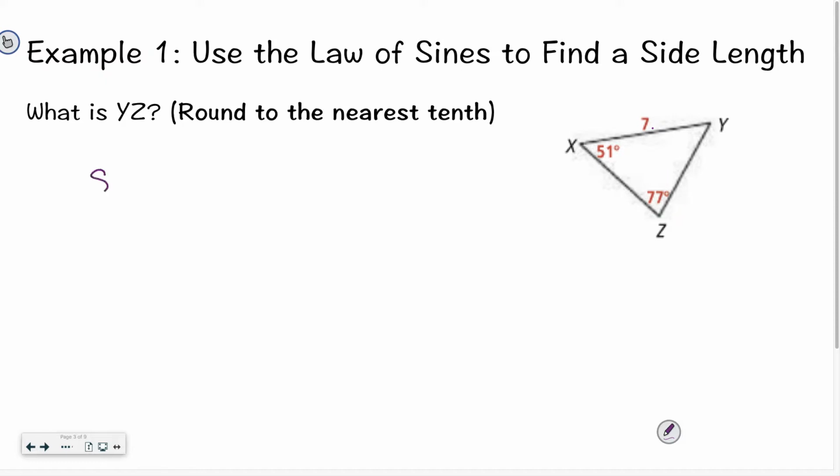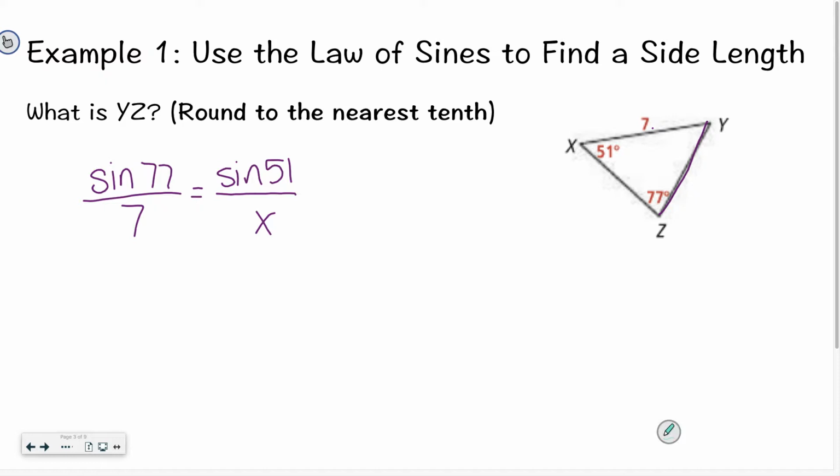I'm going to say sine of 77, because that's my angle, over my side 7, equals, and then I have a 51 degree angle, and that's opposite the side I'm looking for. So I'm just going to call that side x for now.